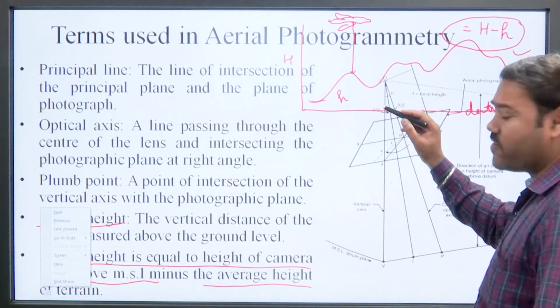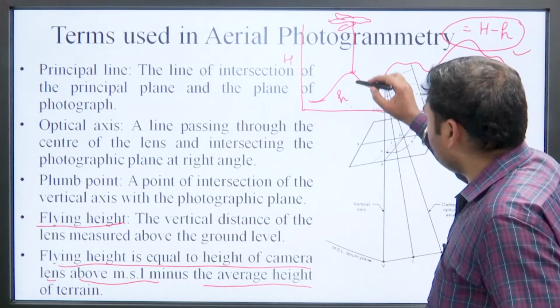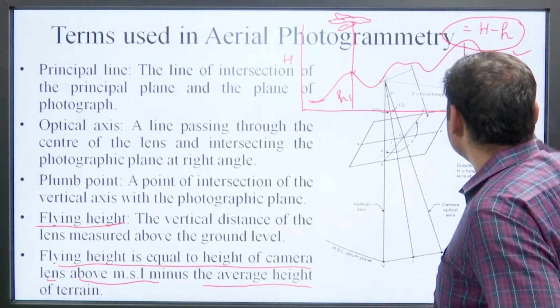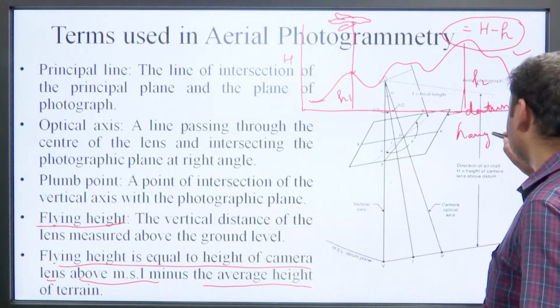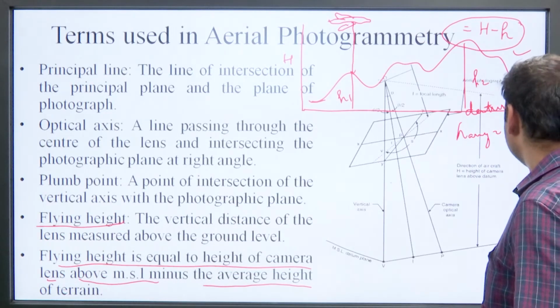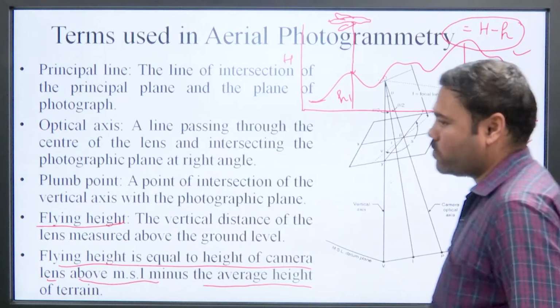Here we consider an average height because if the heights are h1 and h2, then the average height can be calculated as h1 plus h2 by 2.